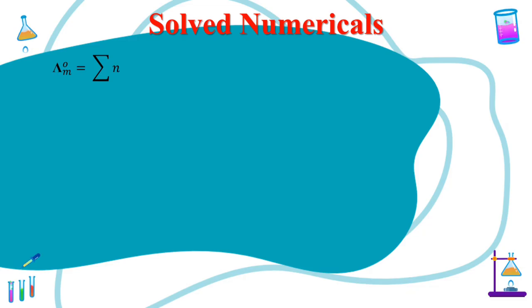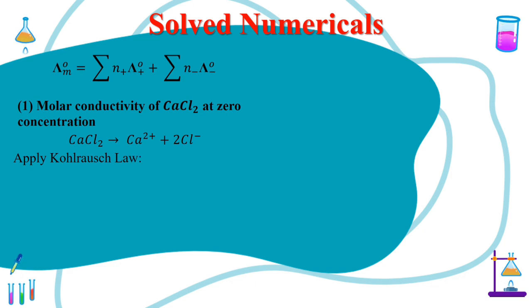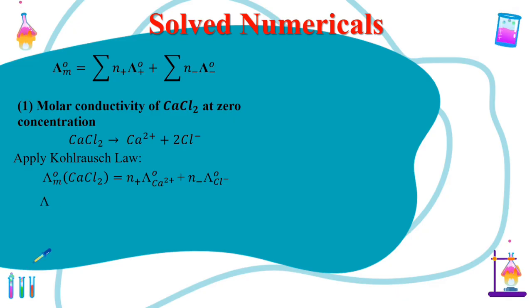Firstly, we need to calculate the molar conductivity of calcium chloride, as calcium chloride dissociates into calcium and chloride ions. So using the formula, you can calculate the molar conductivity of calcium chloride as 256.8 ohm inverse centimeter square mole inverse.